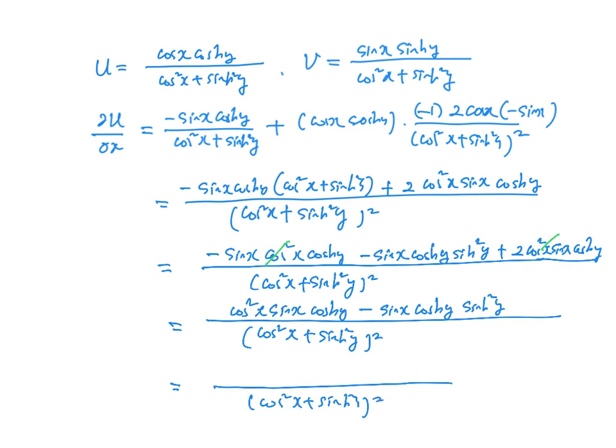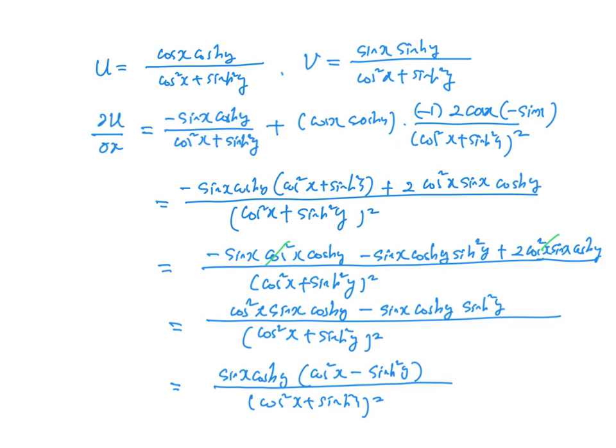So over the square, we have sine x cosine hyperbolic y times cosine square x minus sine hyperbolic square y. That's partial u partial x. So we need 4 derivatives and just 3 more, right?